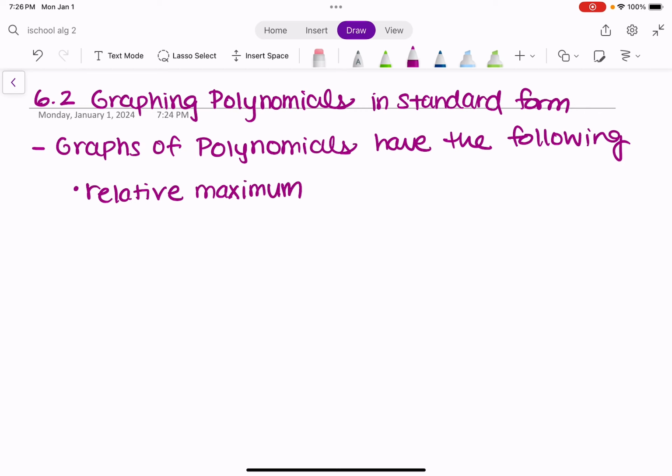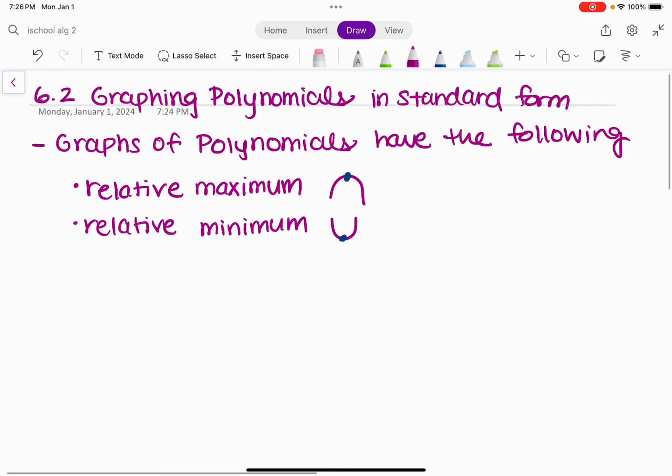And so that's anytime the graph hits like the top, right? So for example, if the graph looks like this would be a relative maximum, okay? We also have the opposite, which is a relative minimum, right? So that's anytime the graph hits a hump on the bottom, like a U shape, right?